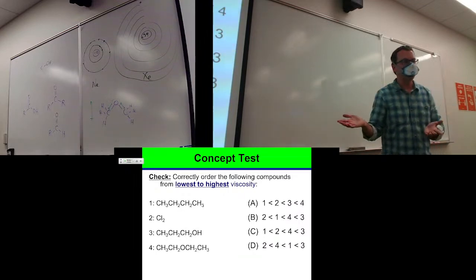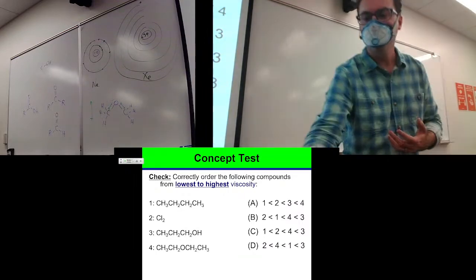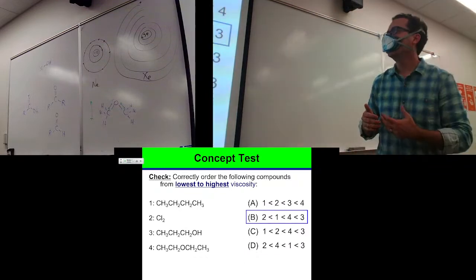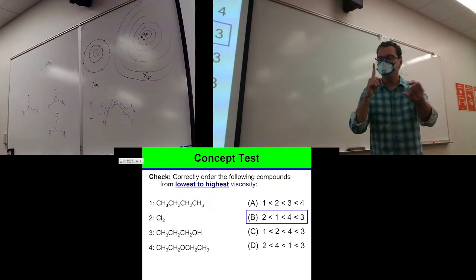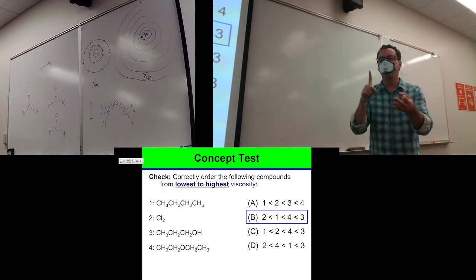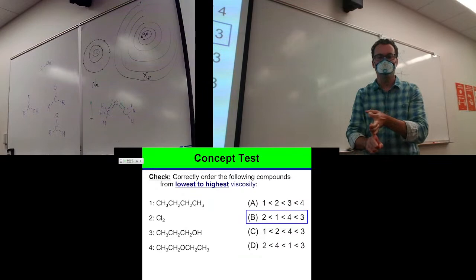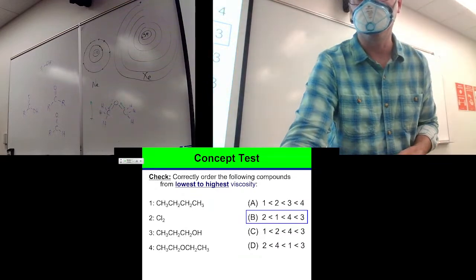It's exactly the same question. We're looking for the one with the strongest IMFs. Strongest IMFs gives you higher boiling point, higher viscosity, higher surface tension. They all relate back to IMFs.